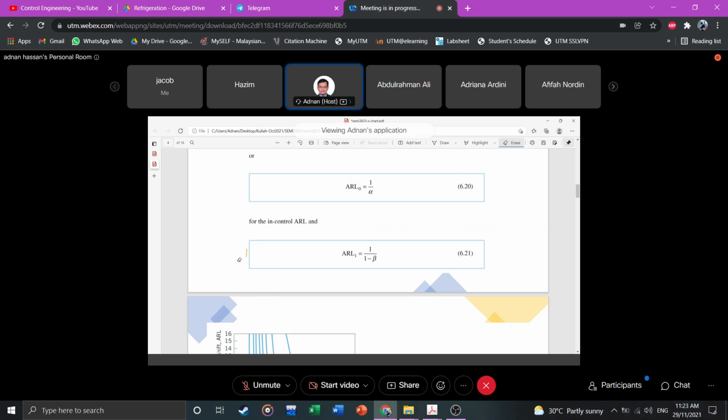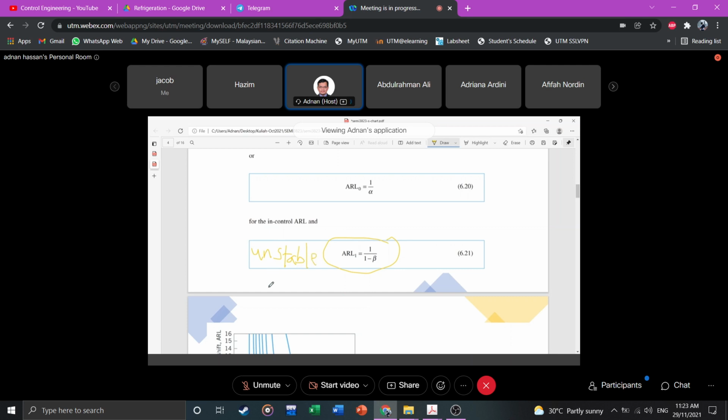For the unstable process, we use ARL, 1 minus beta. Stable process, sometimes you call it in control. Unstable process, we call it out of control process.